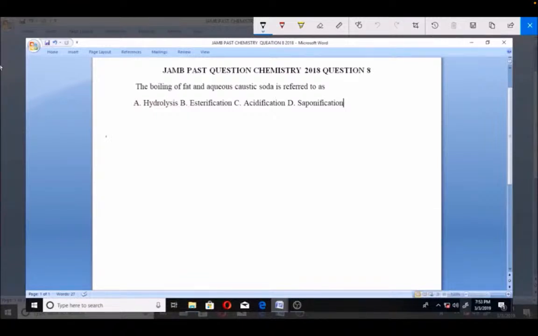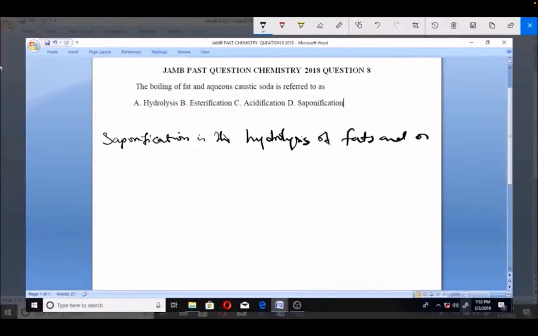So I'm going to state the definition of saponification. Saponification, very, very importantly, is the hydrolysis. You can see this topic in organic chemistry 2. Hydrolysis of fats and oils with caustic alkali. You can see this in the definition given up there, making saponification the right answer.